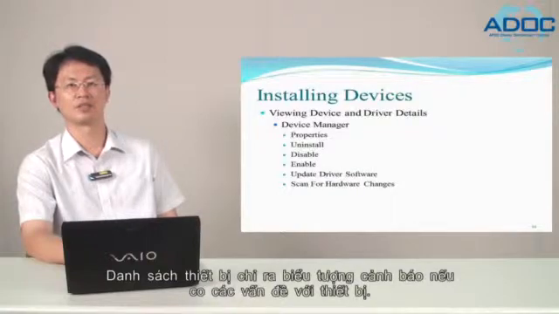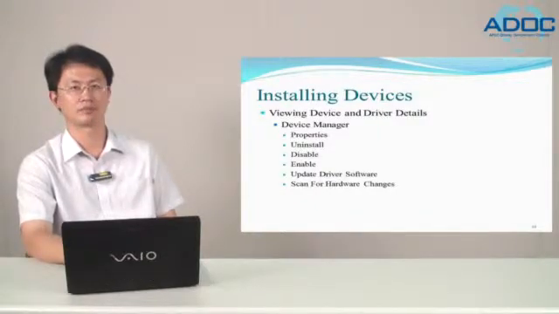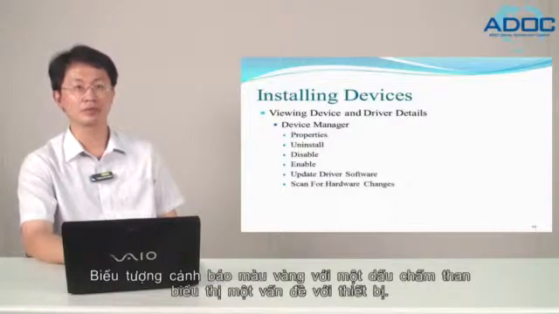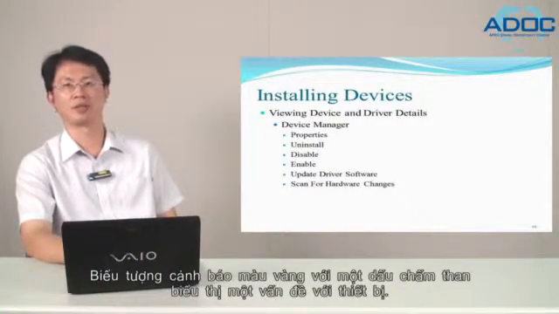The device list shows warning symbols if there are problems with the device. A yellow warning symbol with an exclamation point indicates a problem with the device.